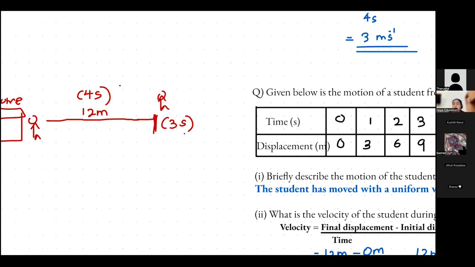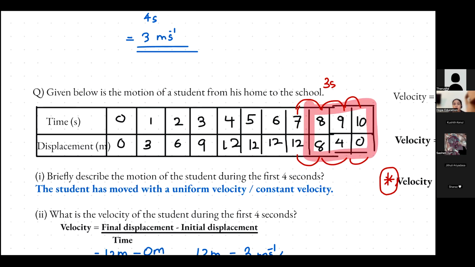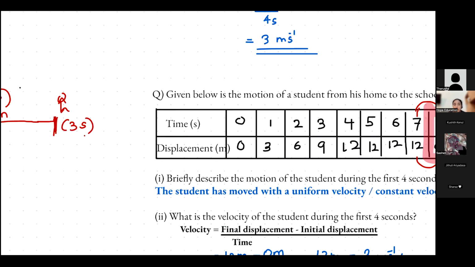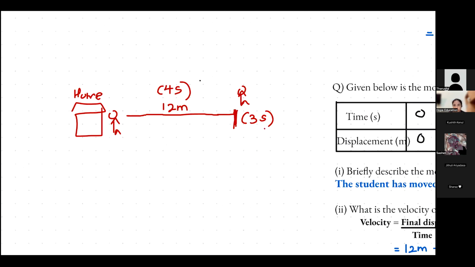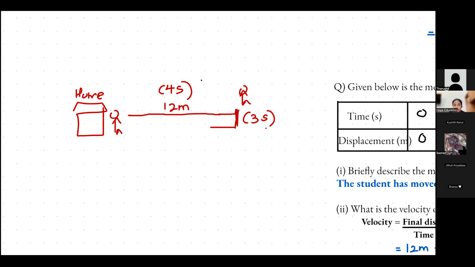Next, here the displacement decreased to 8 meters. That means he has come back a little in this direction, right? In one second he has come this way. Now this child is here. So the child's starting point is this, and the ending point is this. The gap between those two is 8 meters. The earlier gap was 12 meters, then 8 meters. If the displacement is decreasing, that means the child is going back in the direction he came from.